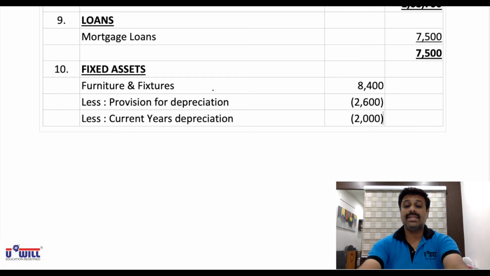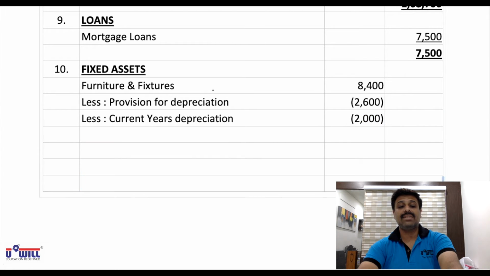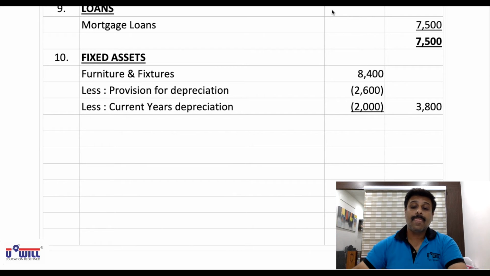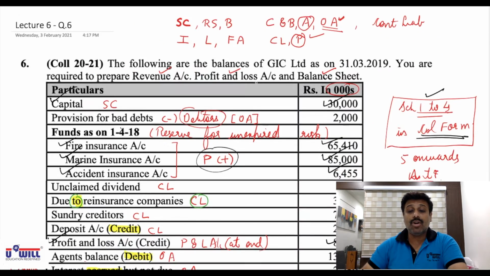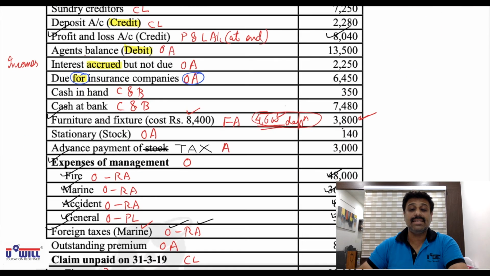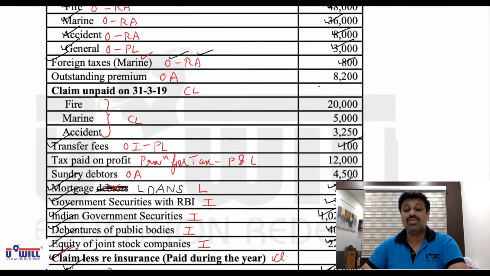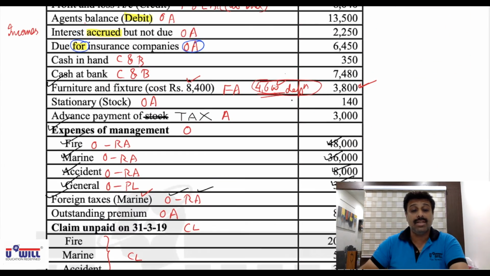Total 4,600 is there, but 2,000 is of the current year, meaning past years' accumulated depreciation would have been 2,600. If you subtract all these amounts from this, what we get is 3,800 in the outer column. We cannot directly record 3,800. We have to show the details that out of 8,400, provision of 4,600 is there. In that also, current year's depreciation is 2,000, meaning 2,600 is provision of past years.